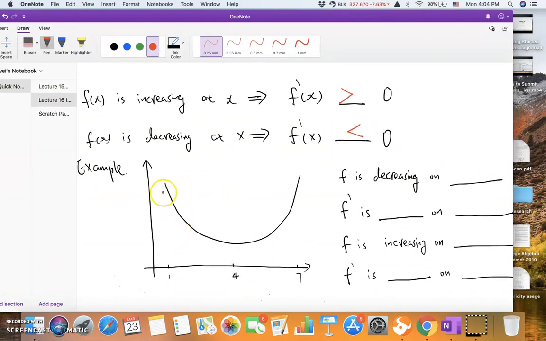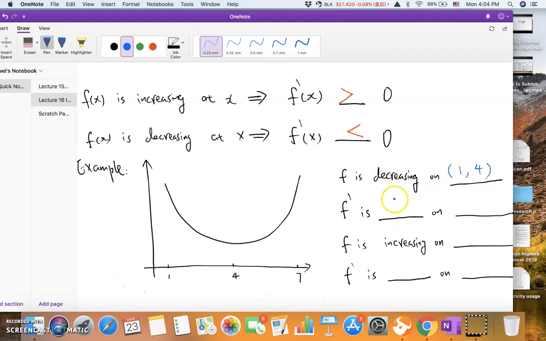So in this example, we're given a function defined on the interval from 1 to 7. The function is decreasing on the interval from 1 to 4.